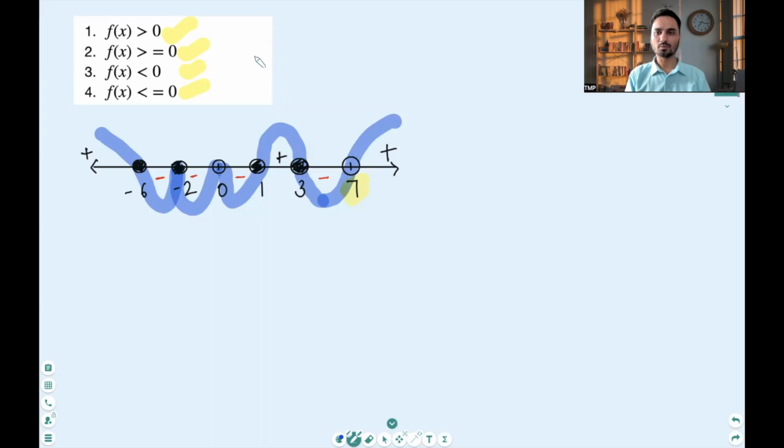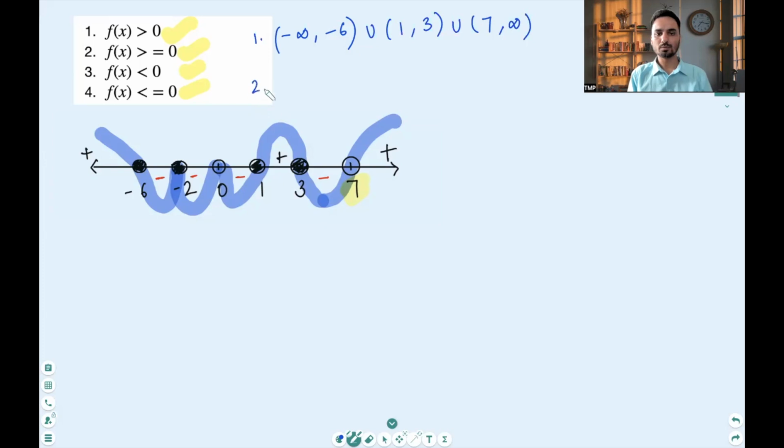So those intervals from the wavy curve are -∞ to -6, 1 to 3, and 7 to infinity. So we'll take union of these 3, and that will give you the answer for number 1.